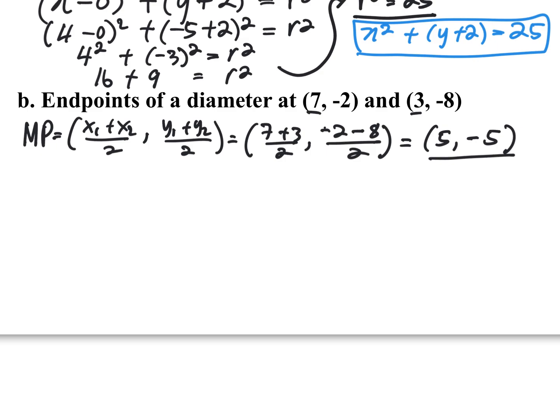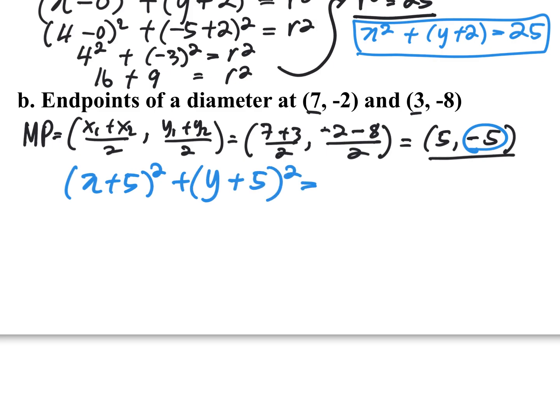Having said that, let's now write our equation. That's going to be (x − 5)², and then y, this is minus minus k, so it's going to give me (y + 5)². Now, here we go again, I do not know my r². So maybe I'm going to use any point on this. Let's try (7, −2).